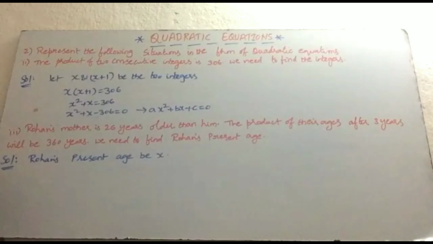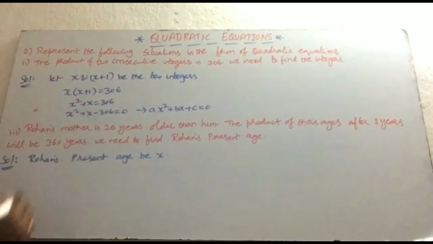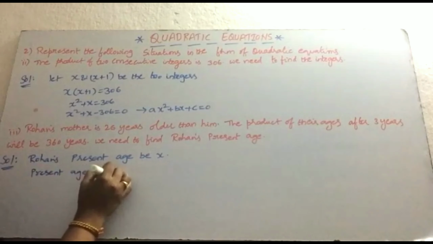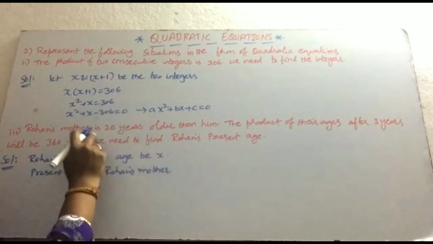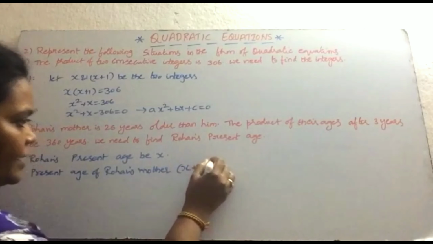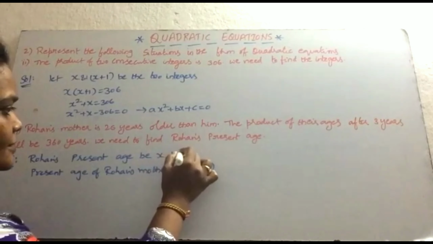Then the present age of Rohan's mother is 26 years older than him. That's why x plus 26. This is Rohan's mother's age, x plus 26 years.